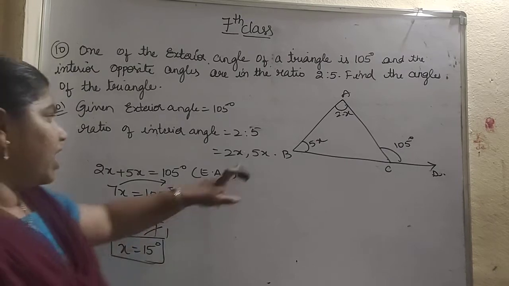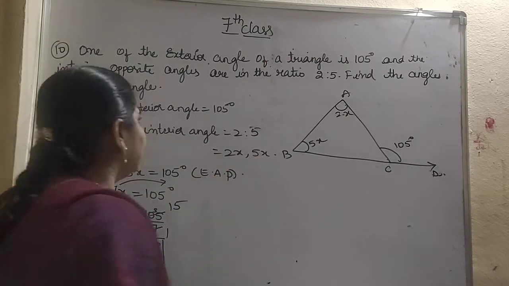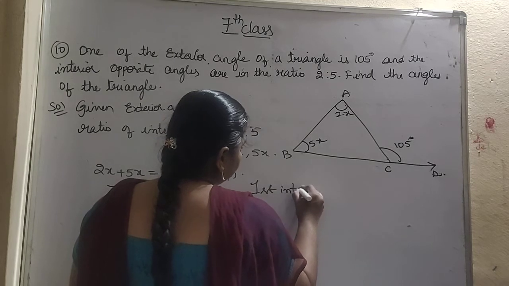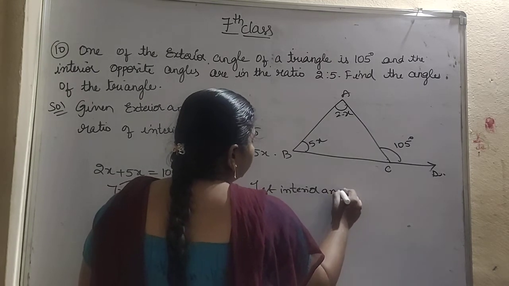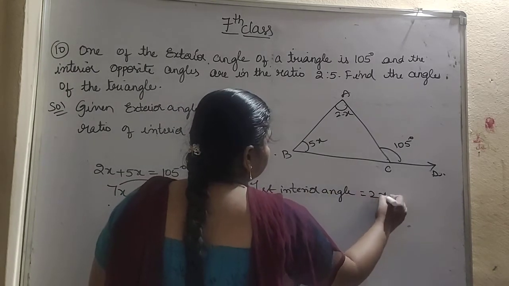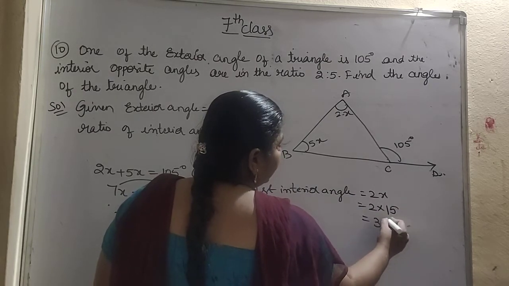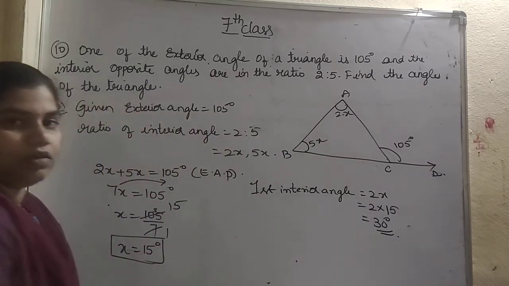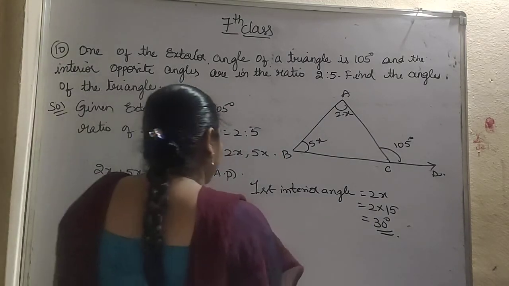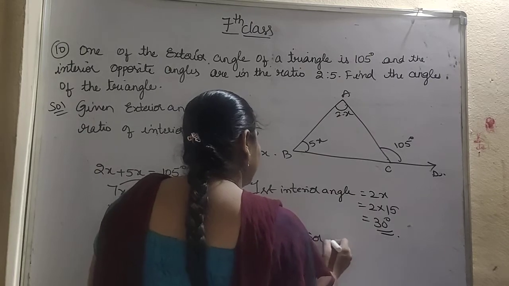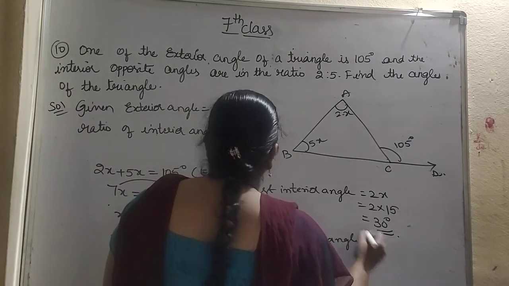So this x we have to substitute in these two interior angles. So first interior angle is how much? First interior angle is 2x. So 2 into 15, that will be equals to 30 degrees. So the first angle will be 30 and the second interior angle is how much? 5x.